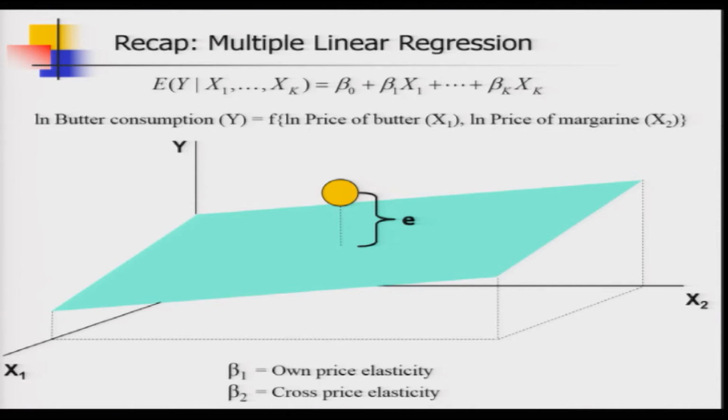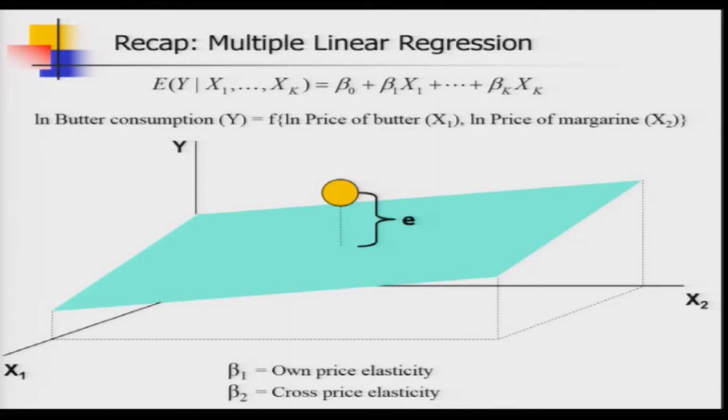But now if I take a cross section of this surface or plane, and look at a two dimensional plot where I measure y along the vertical axis and x2 along the horizontal axis, then I see that there is a positive relationship between these two variables x2 and y. Why is this so? You do not have to assume microeconomic theory here, think from the logical perspective of a consumer.